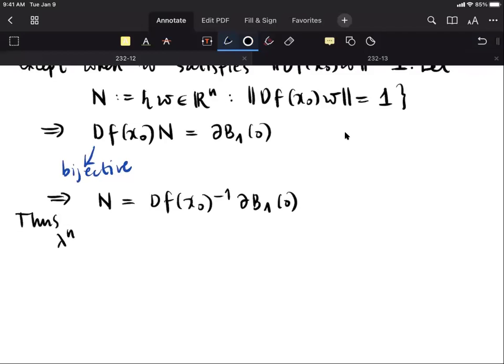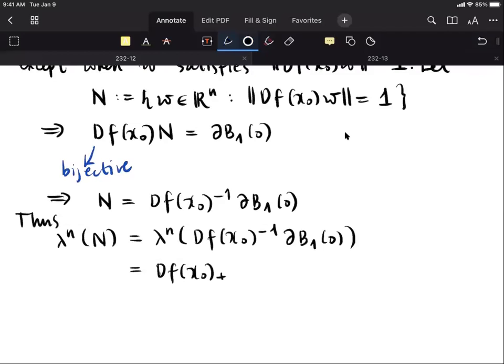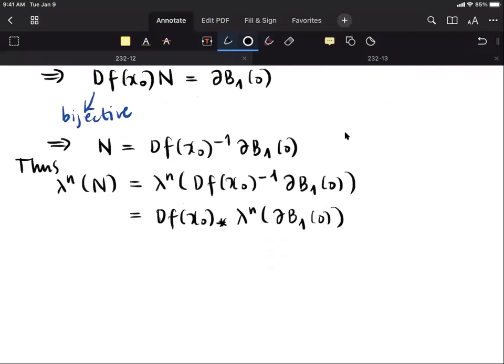So here, let us take the Lebesgue measure of N and substitute the previous equation. However, this is nothing but the image measure with respect to this matrix. And we know that this is equal to 1 over the determinant of the Jacobi matrix at x naught times lambda n.